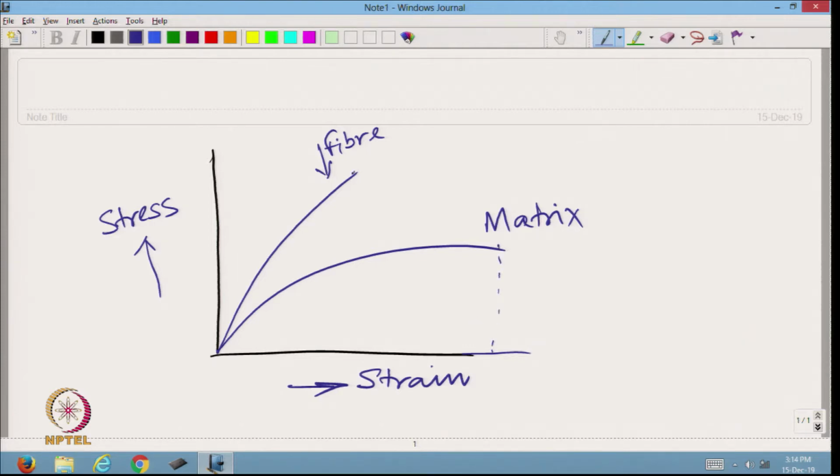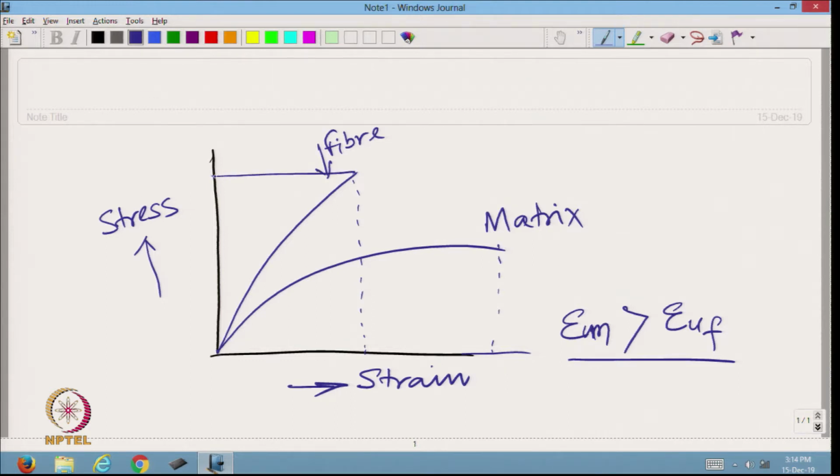The ultimate strain of matrix is more than the ultimate strain of fiber. That is why it is called ductile matrix.